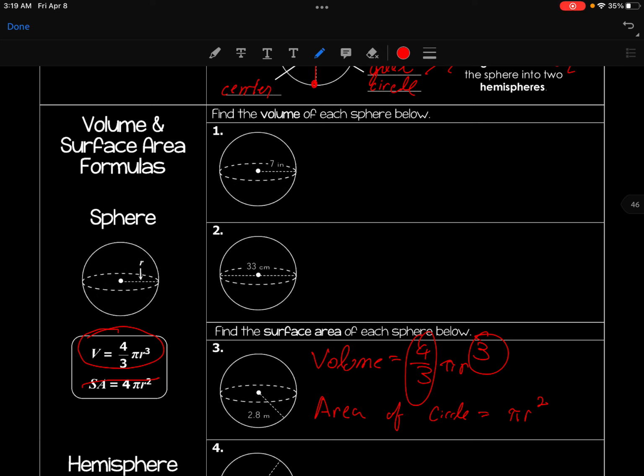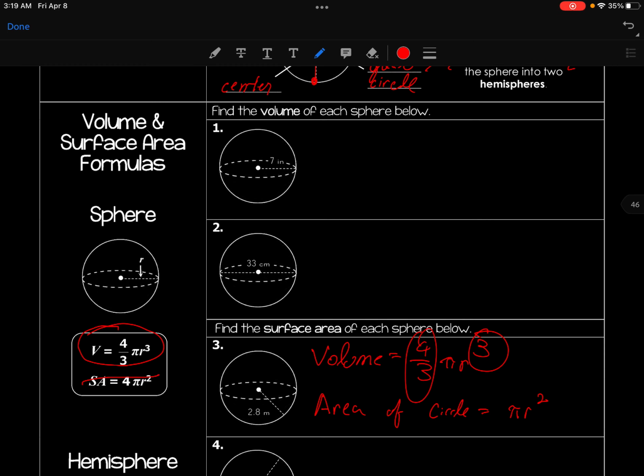Number 1, find the volume of each sphere below. First, we find that 7 is the radius. That's all we need to find the volume of a sphere. The volume of a sphere has an equation, 4/3 pi r cubed.